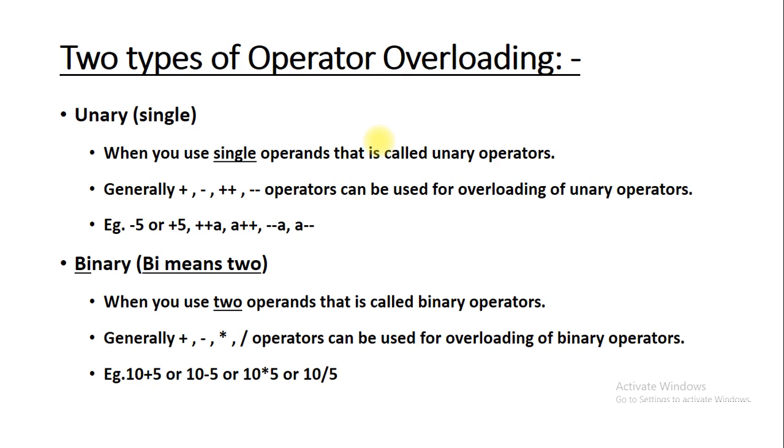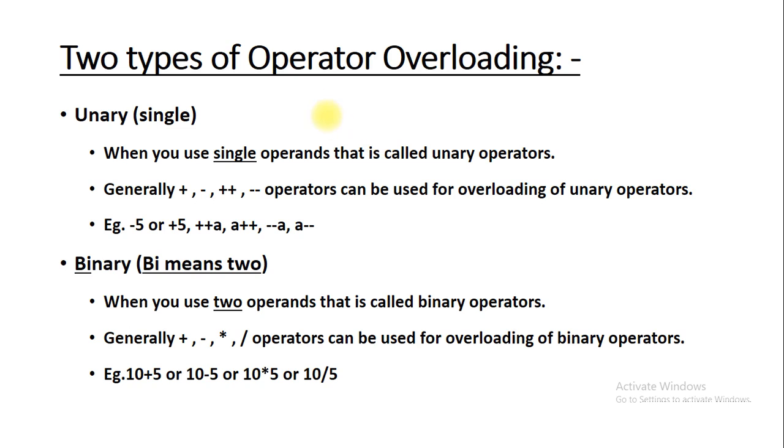Generally any operators can be used as binary operators, but over here we have listed a few of them, that is plus, minus, multiplication and division, which can basically be used to overload binary operators.